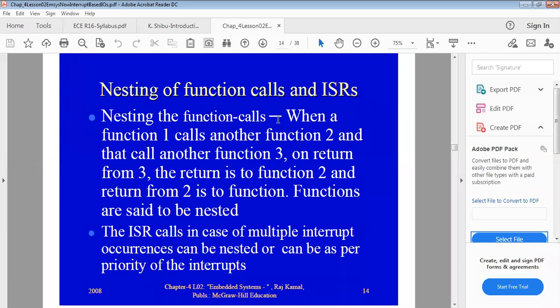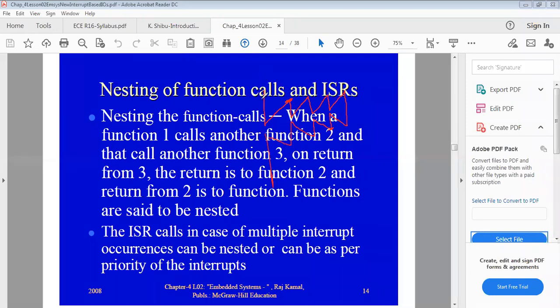And return from function 2 goes to function 1. This is the main program, and this is the function call executed in the program. While executing the subroutine, it again calls a second function call, again a third function call, and suppose a fourth function call. When it completes and returns to the third, and faces the return, it goes to the second function, then to the first, then to the main function.